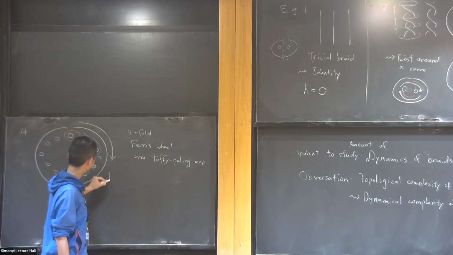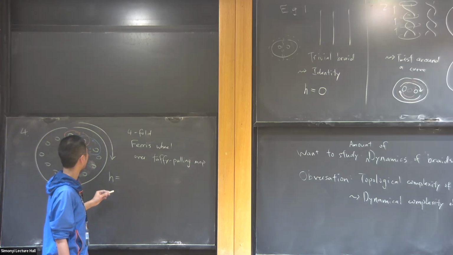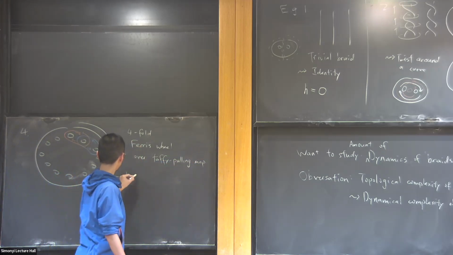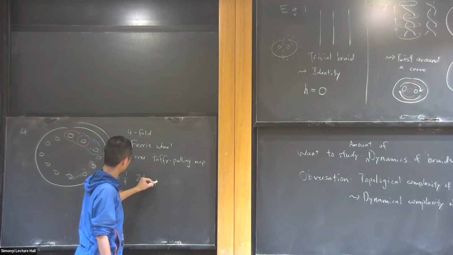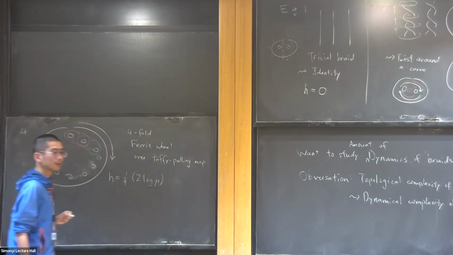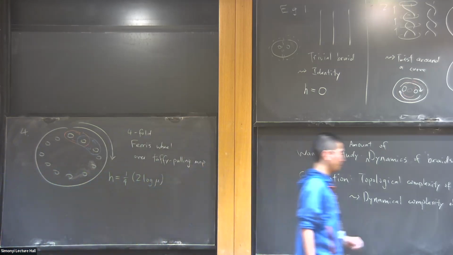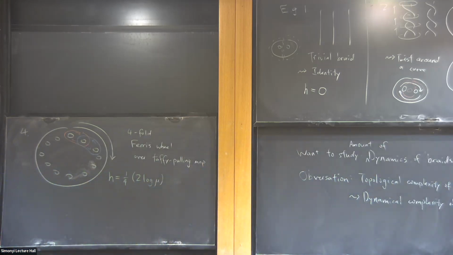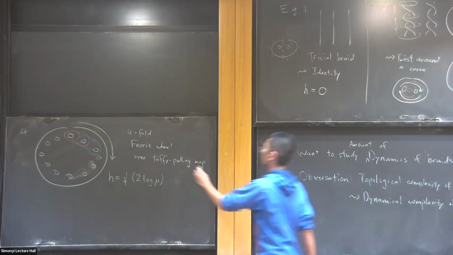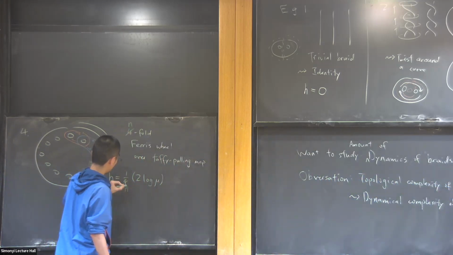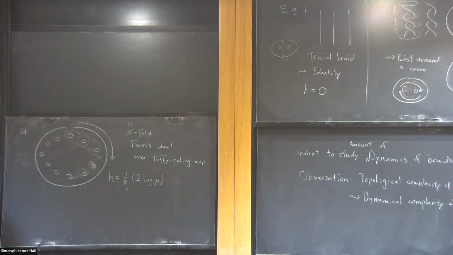And so you can compute that the topological entropy here is 1/4 of that entropy. And in general, you could do this with an n-fold Ferris wheel, and you would have 1/n amount of entropy.